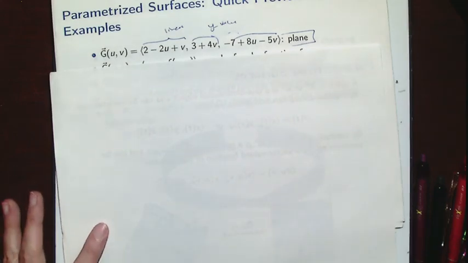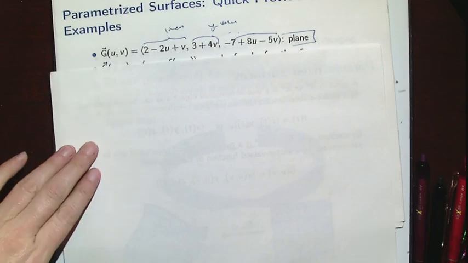What is happening here? What is the x value? U, the first parameter. What is the y value? V, the second parameter. What is the z value? A function of u and v, right? It's a function of x and y. What do you guys guess this is parametrizing? Let's see.